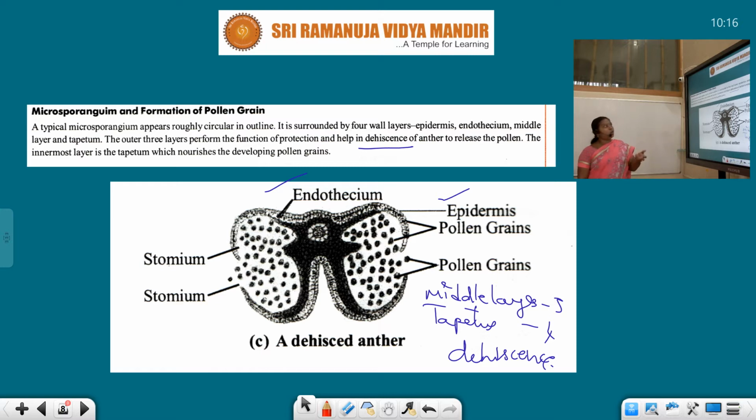As you all know, the outer 3 layers perform the function of protection and help in the dehiscence of anther. Dehiscence means breakdown of the anther to release the pollen grains. The innermost layer, tapetum, nourishes, that is, provides the nutrients and essential factors for the developing pollen grain.